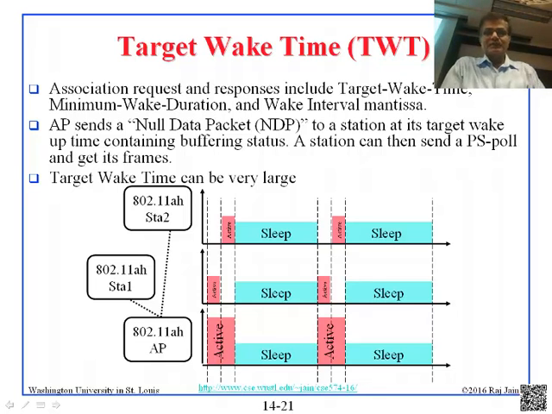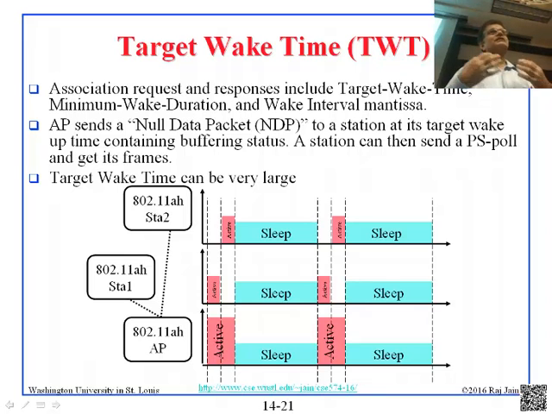So you specify your wake up interval mantissa, and then they will not bother you for a day, or whatever time you have specified. When it is time for you to wake up, they will start announcing that I have a frame for you. Otherwise, there is no point in the access point announcing every second when you are going to wake up in a day.